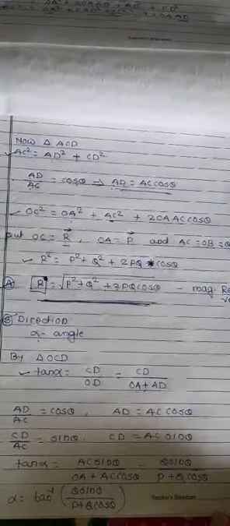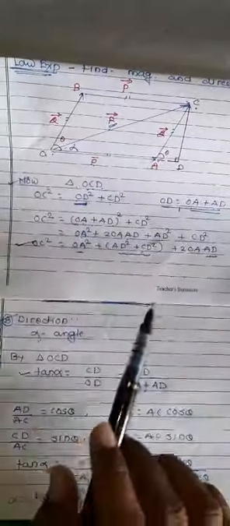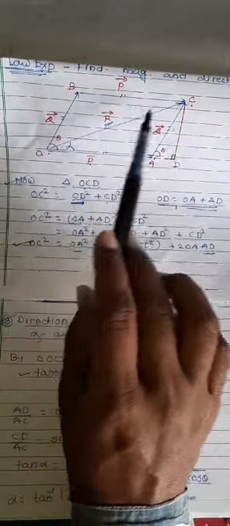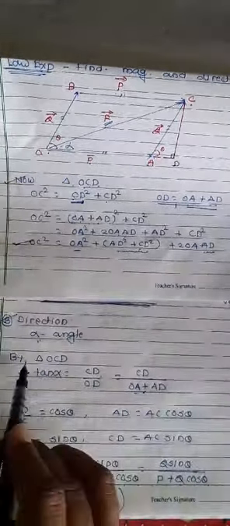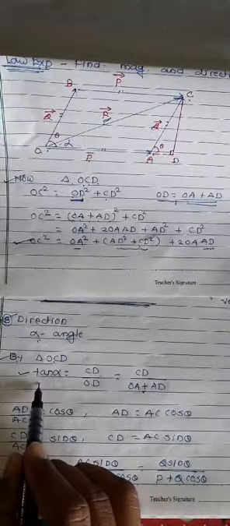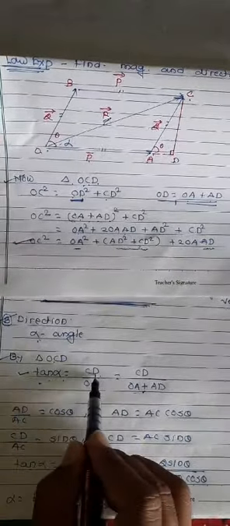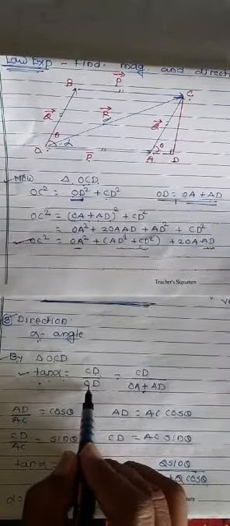After that, we discuss another function. Suppose alpha is the angle between OC and OD. Then by the triangle OCD, tan of alpha is equal to CD upon OD.